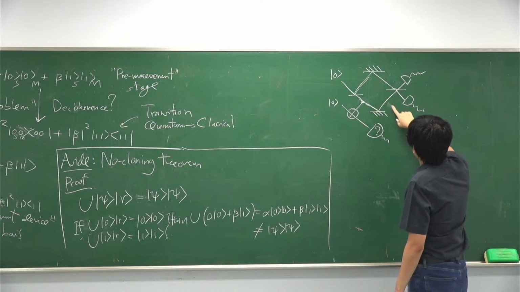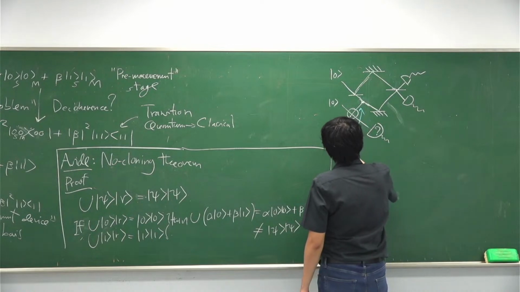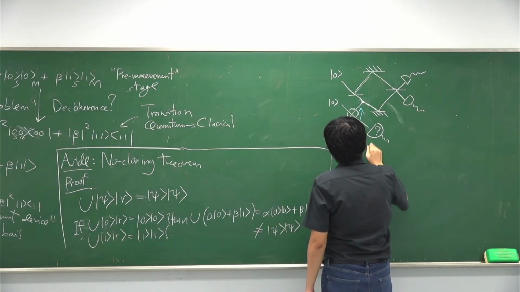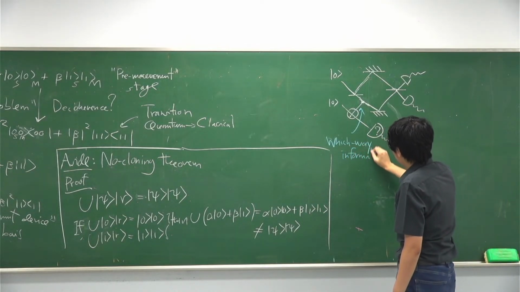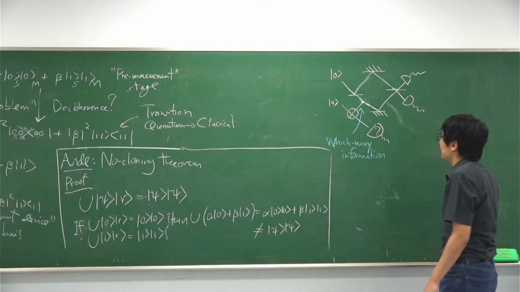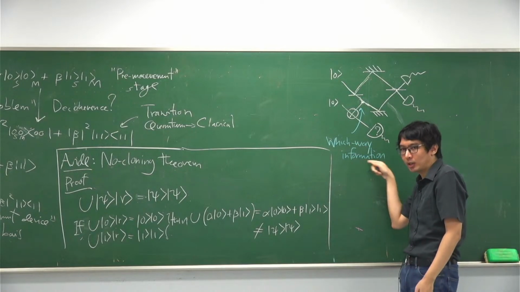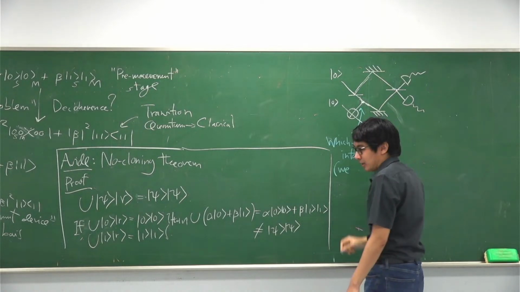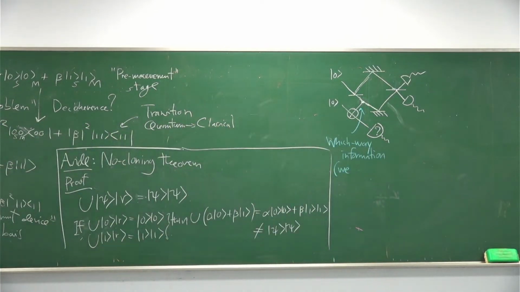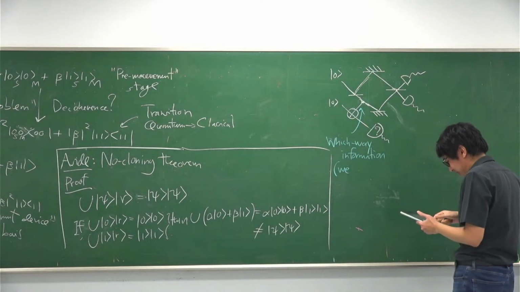It's kind of funny. This is so important in thought experiments like this that people usually have a name for it: which way information. And if you want to sound cool, you can say it in German too, called Welcher Weg.